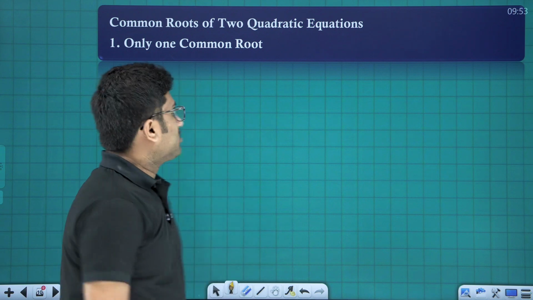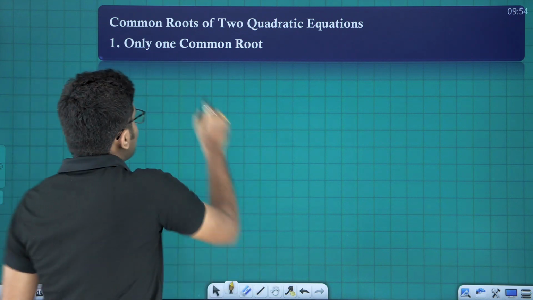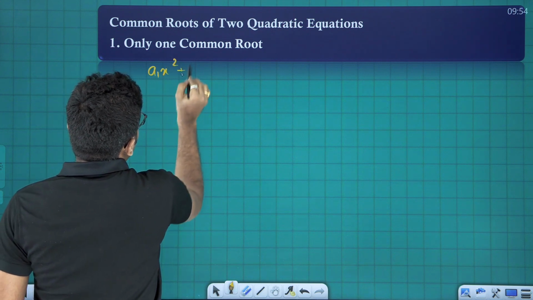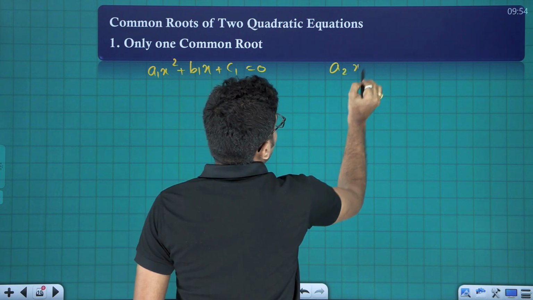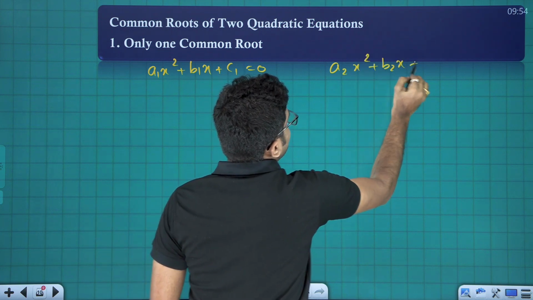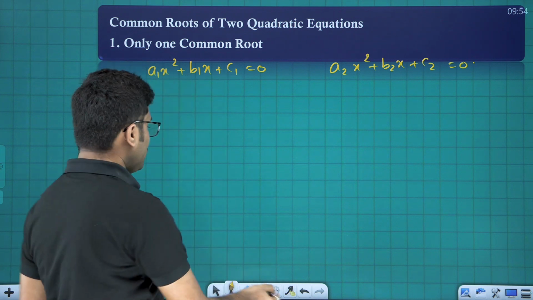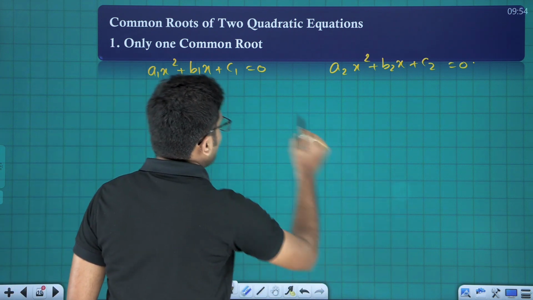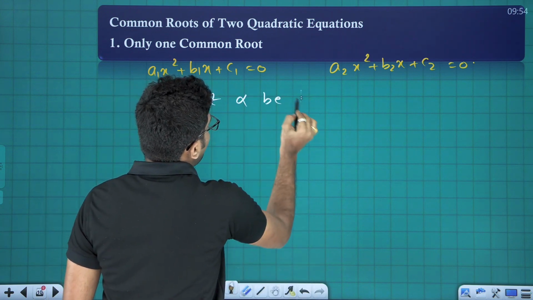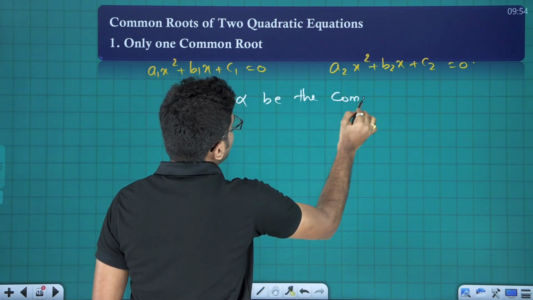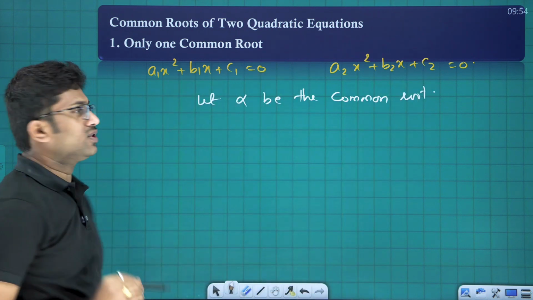Next, the common roots concept. Coming to the common roots concept, friends, if two quadratic equations, let's say a1x square plus b1x plus c1 is equal to 0 and a2x square plus b2x plus c2 is equal to 0, have one common root, let's say alpha is the common root for both the equations.